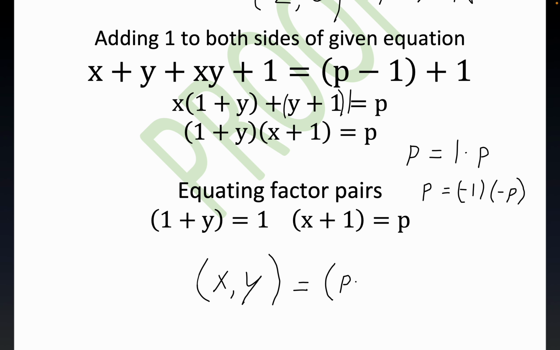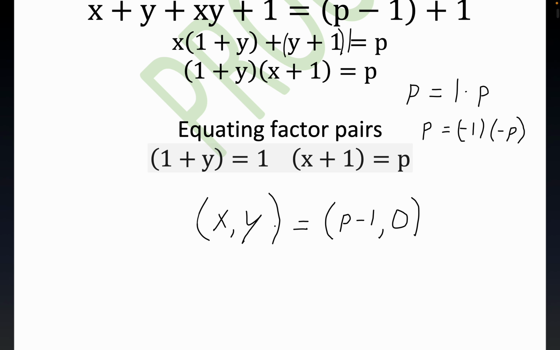So that would be positive. P minus 1 is a member of N, but notice that y has to equal 0 for this to hold. Now you can see that this never would happen if p was a composite number, because you would have a divisor that wasn't equal to 1. Okay, so there you go.